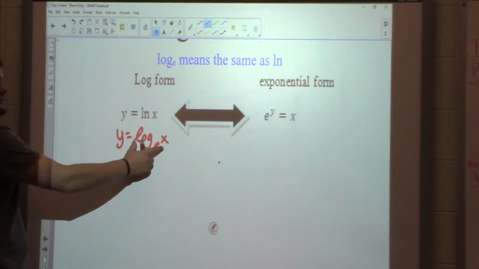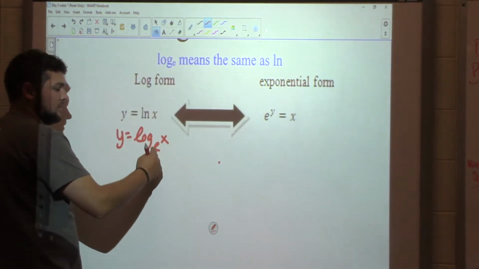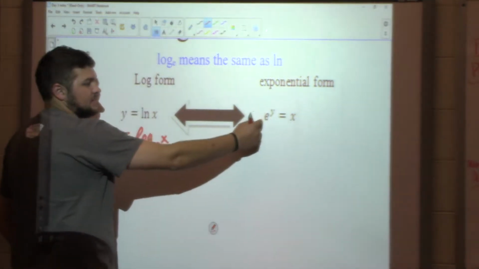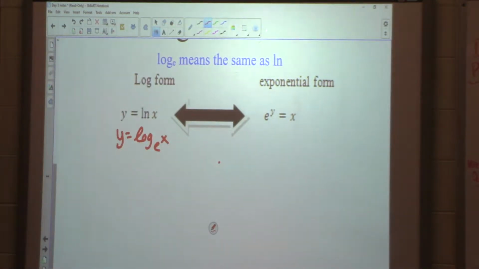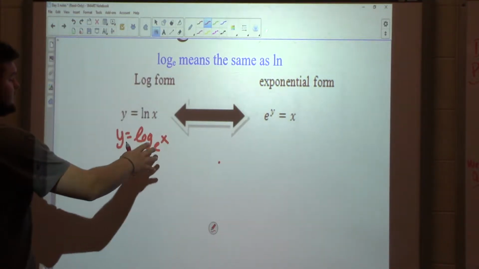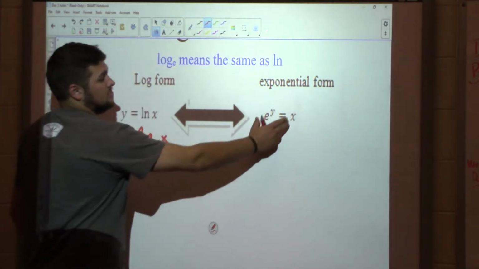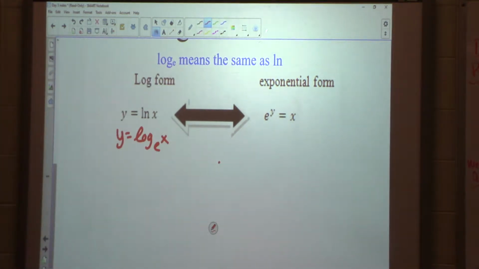If I switch to exponential form, the base of my log becomes the base of my exponent, what my log equals becomes my exponent, and what I'm taking the log of is what it equals. It works the same way as how we switched them yesterday: e to the y equals x.